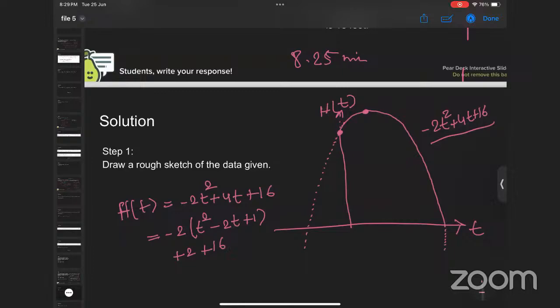Please mute yourself. In this way, we can write it as, right?